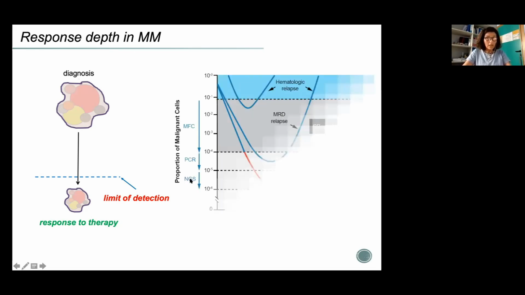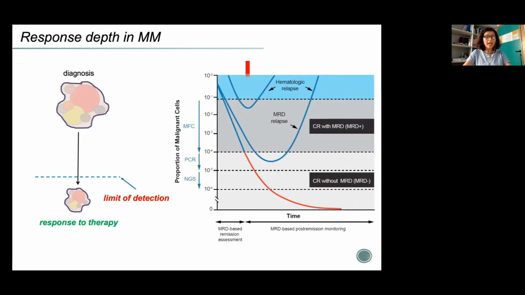And a very well-known concept is that the higher the tumor burden reduction, the lower the probability that the disease recurs. So the response depth is very important for patient outcomes, and the management of myeloma patients requires the awareness of how much residual disease persists in the marrow after treatment.